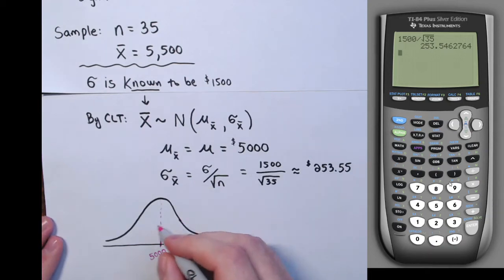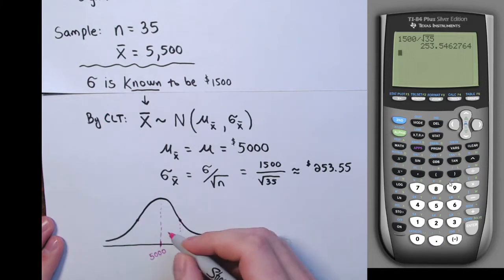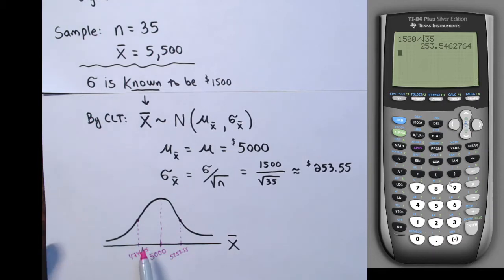So underneath these inflection points, remember the inflection points should be one standard deviation above and below. So this value here is approximately $5,253.55. And this value here, let's see, 5,000 minus 250 would be 4,750, minus 3 would be 4,747, so about $4,746.45.